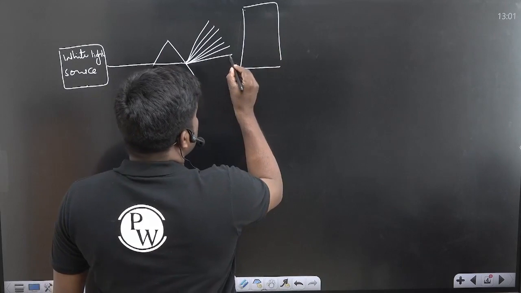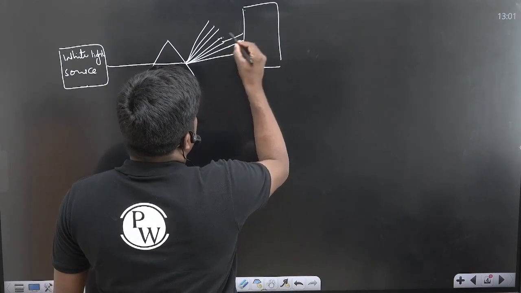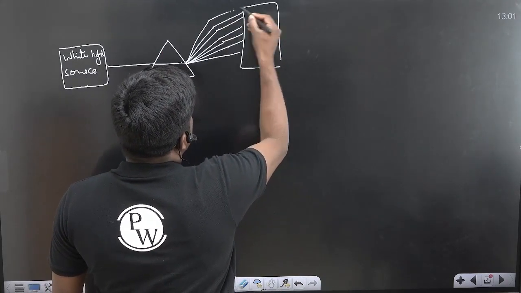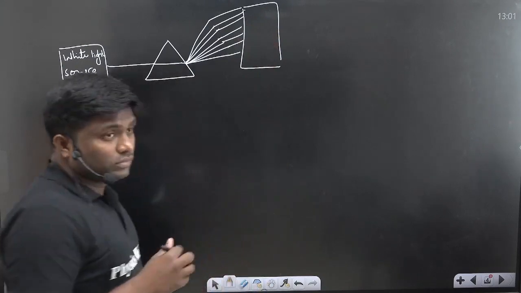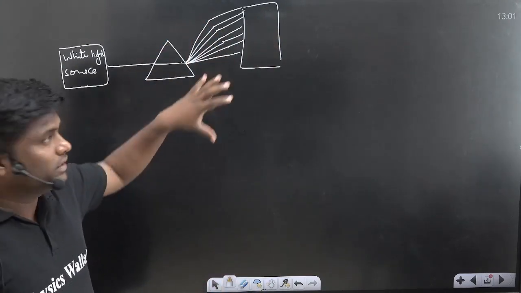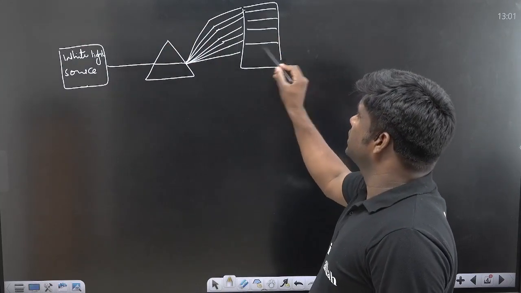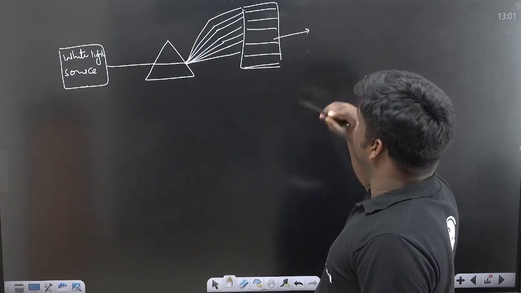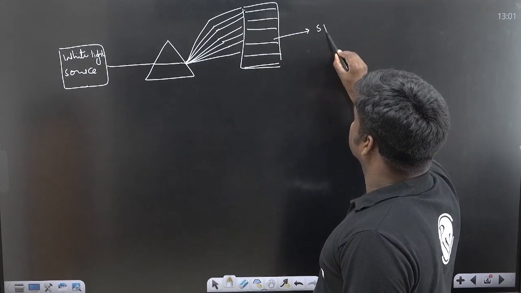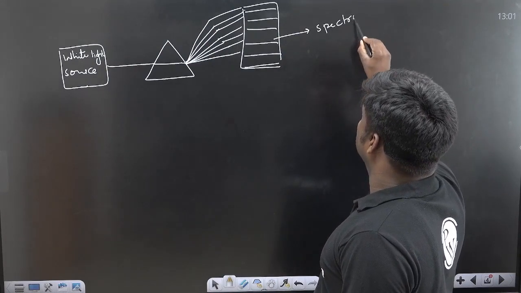So the image or impression we get because of these 7 different colors, this image of 7 colors is called what? Spectrum. Spectrum is what?